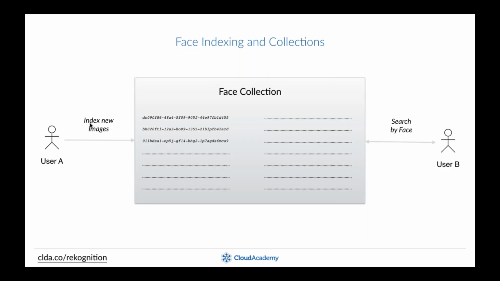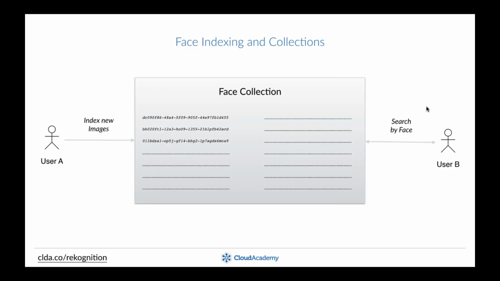So whenever I call such an API, faces are looked for inside the image, and if they are detected, they will be added to the collection. So each face will correspond to an ID, more or less shaped like this. So a very long, unique ID.